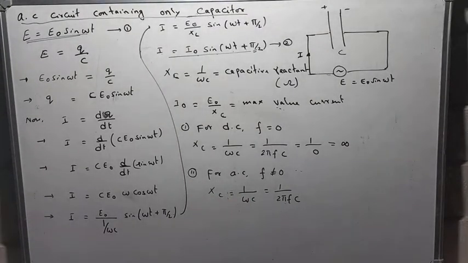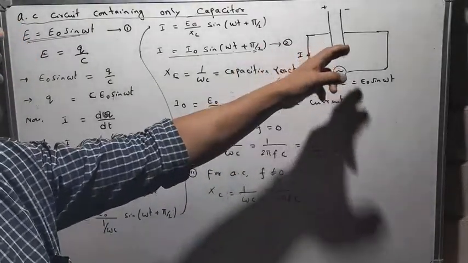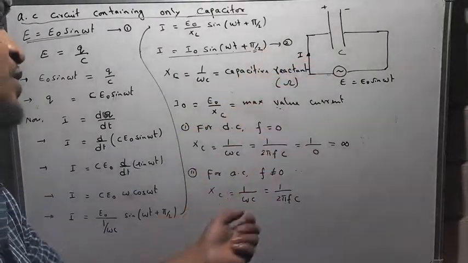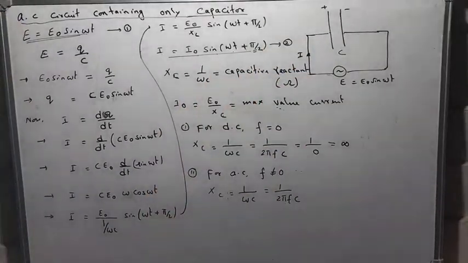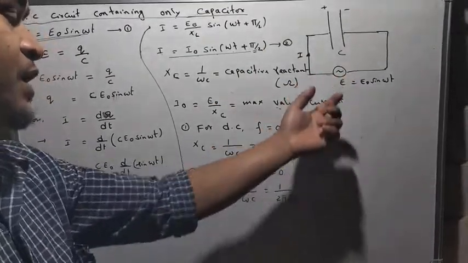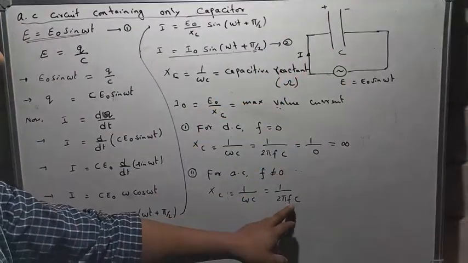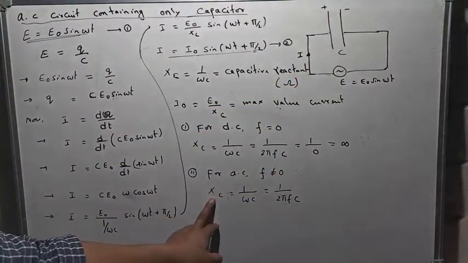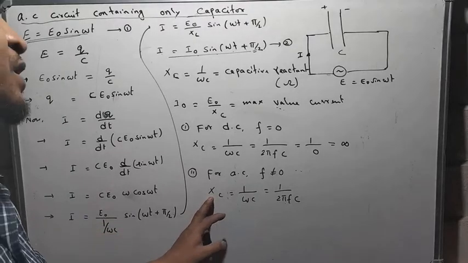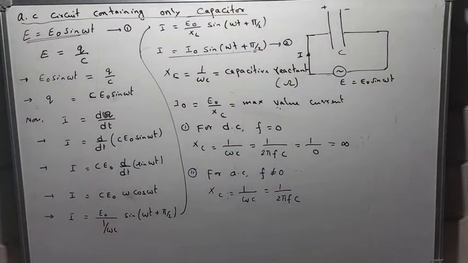In other words, when an alternating current with large frequency is passing through the capacitor, the capacitor will offer less resistance to such current. However, if a current with small frequency is passing through the capacitor, Xc will be large, which means the capacitor will offer a very large resistance to the AC circuit.